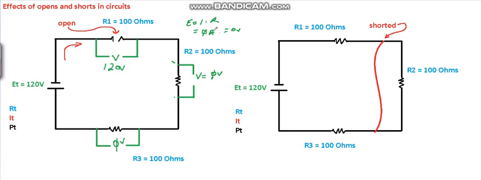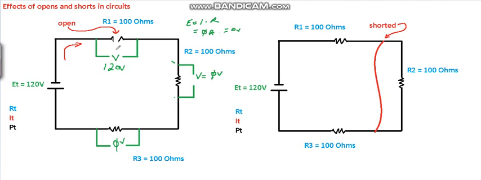If the sum of the individual voltage drops equals the total voltage applied, and I've got 0 volts here and 0 volts here, across the open I've got 120 volts. That makes sense, given that the sum of the voltage drops must equal the total applied.